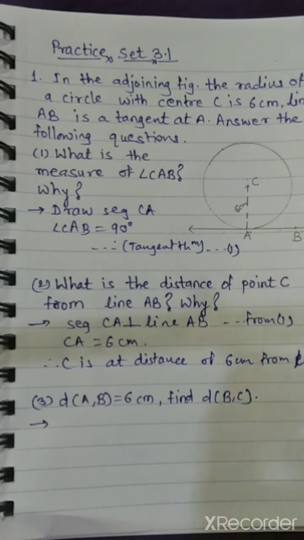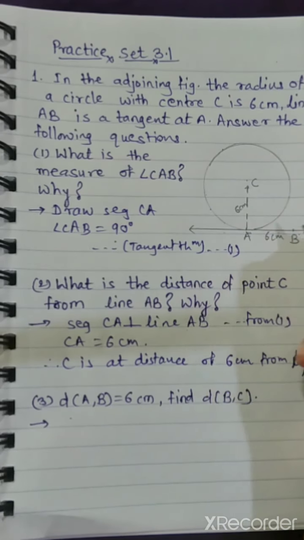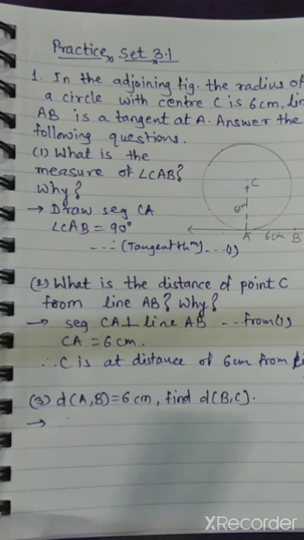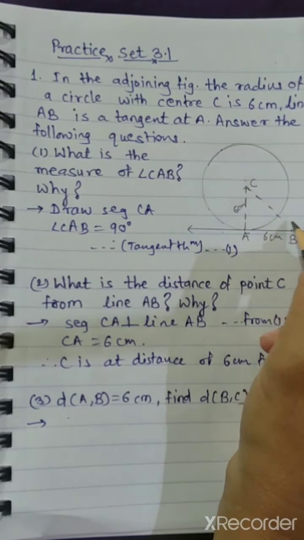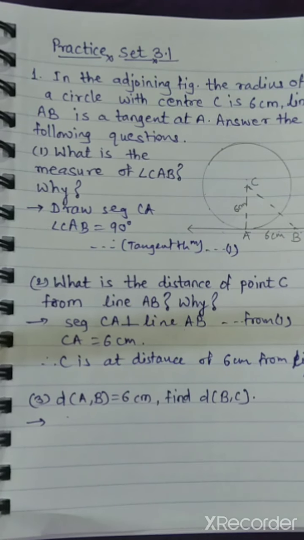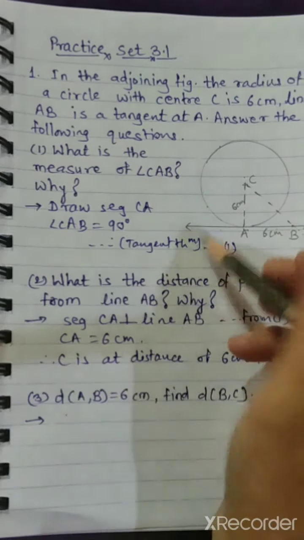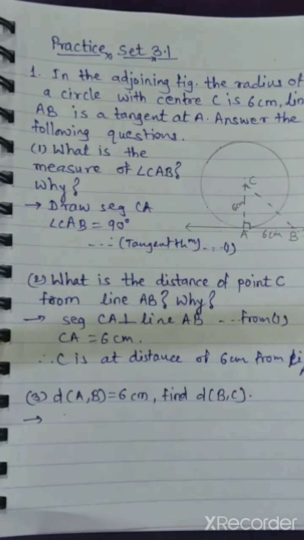Now third sum, distance between AB. This distance between AB is also 6 centimeter. Now here given AB is 6 centimeter. Find the distance between BC. This distance we have to find. Now students, here you can see from equation first, angle CAB is 90 degree.